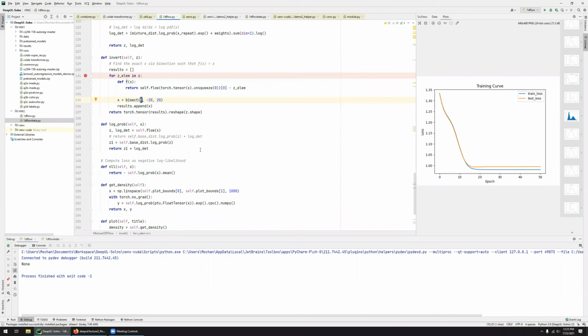We have f, and it says from -20 to 20 find when it's 0. So f of x is defined as the flow of x minus c l.